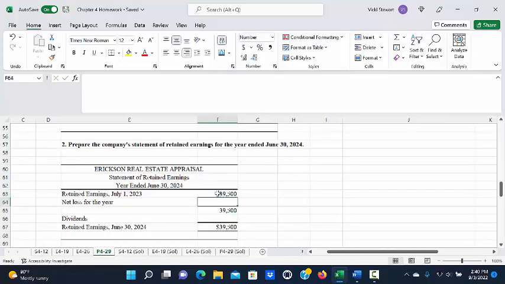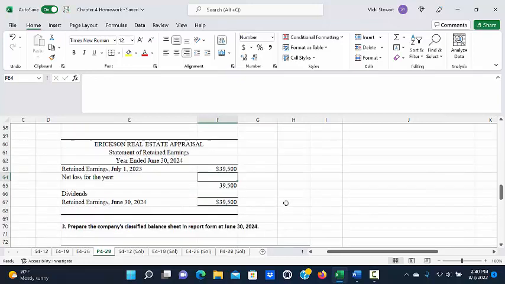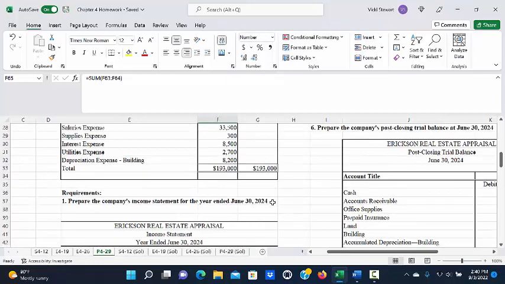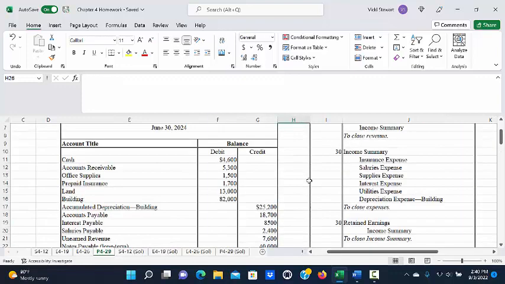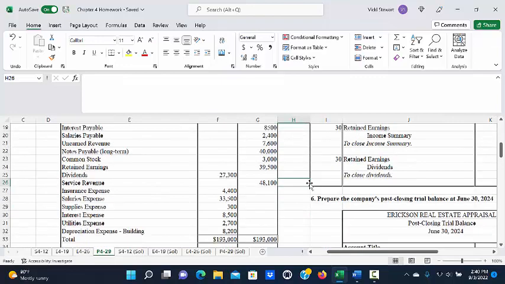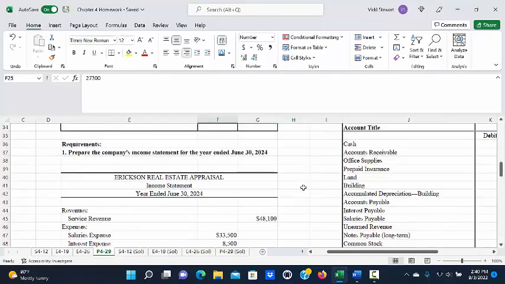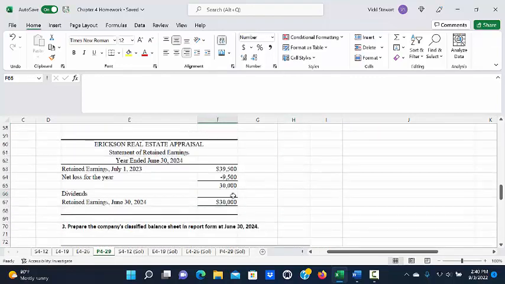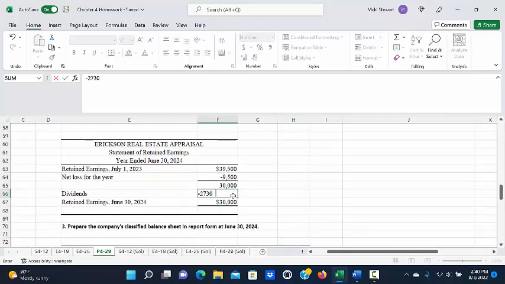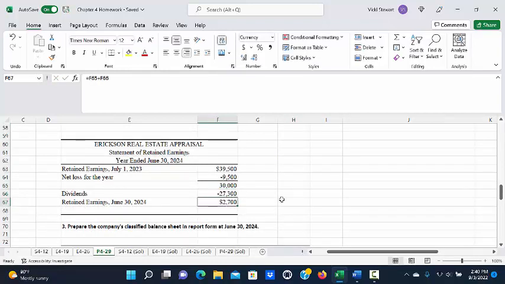And we're going to subtract from that our net loss of $9,500, and that gives us a subtotal, and then we need to subtract our dividends. So if we go back to the adjusted trial balance, we see that the dividends were $27,300.